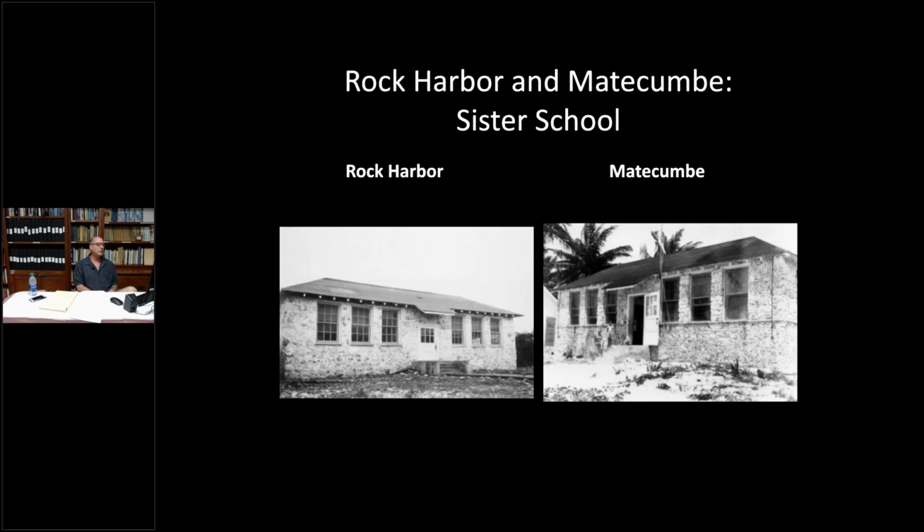The Matecumbe version, which is identical, would have been on the grounds of what is today the Chica Lodge. The Pioneer Cemetery is still there, but next to the cemetery was also the Matecumbe Methodist Church, and then the Matecumbe Grammar School. Unlike the Rock Harbor School, the Matecumbe Grammar School was destroyed in the 1935 Labor Day hurricane.